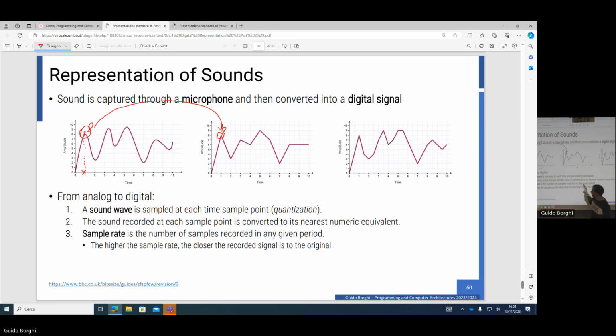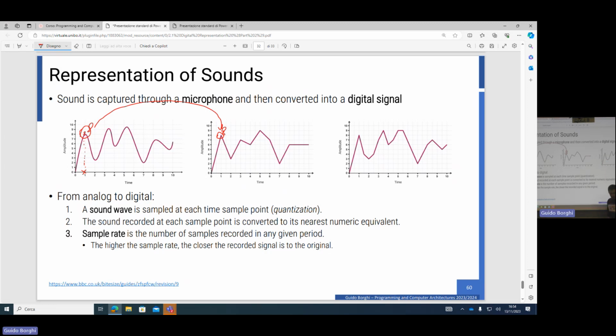If we change the number of sampling points, we can obtain a more accurate or a less accurate digital signal with respect to the original analog signal. Remember that, in other words, the higher the sample rate, the closer the recorded signal is to the original.